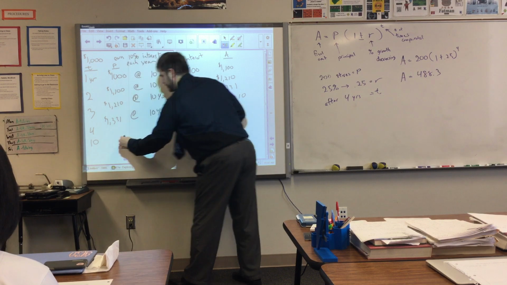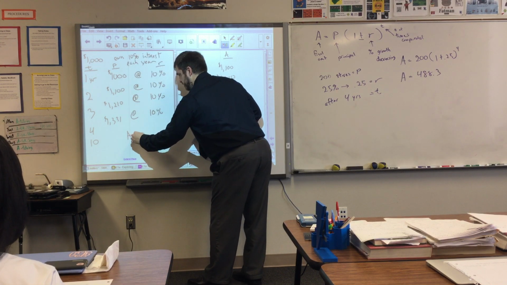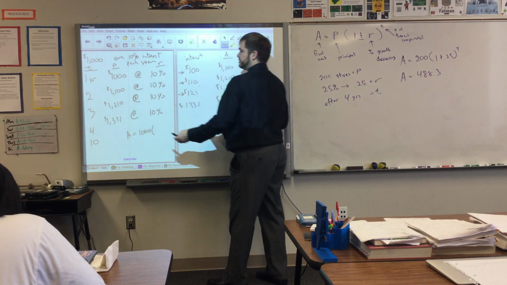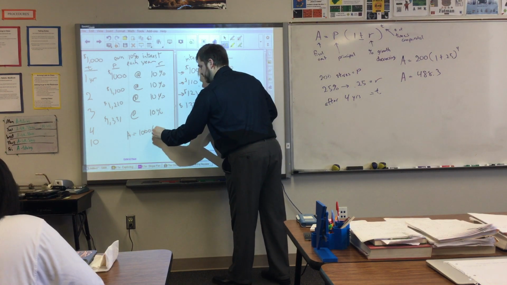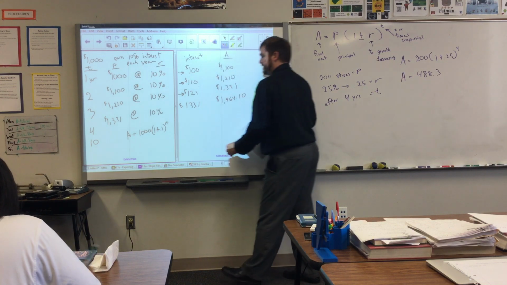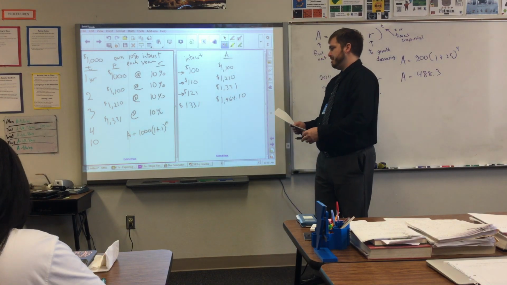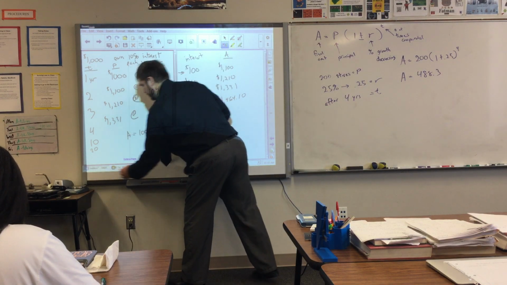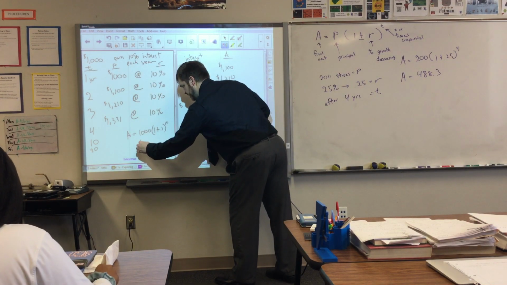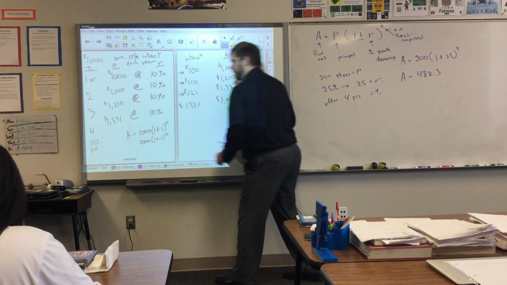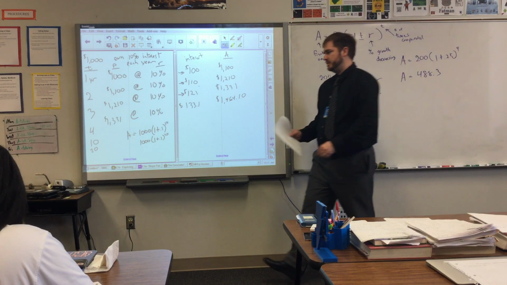So 10 years, we'll say A equals the principal, so 1,000 times 1 plus 0.1 for 10. 20, that's going to be 1,000, 1 plus 0.1 with 20 as the exponent.